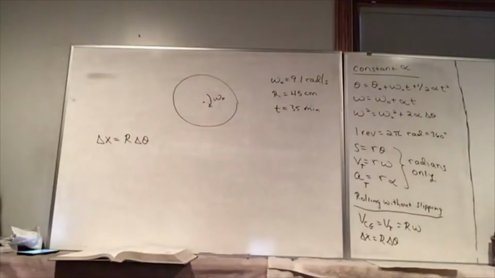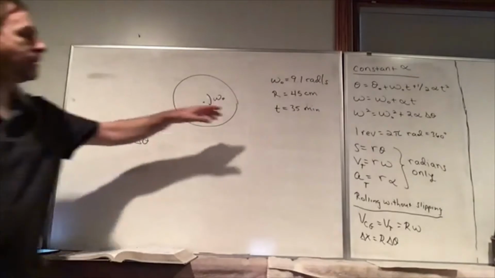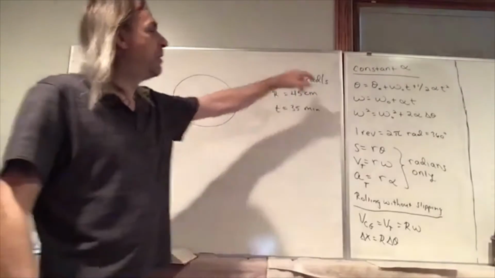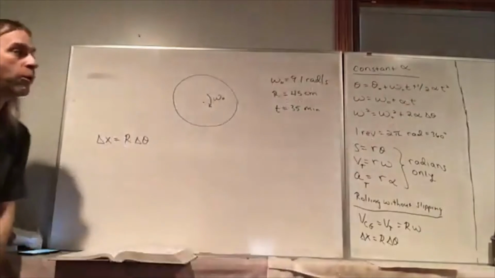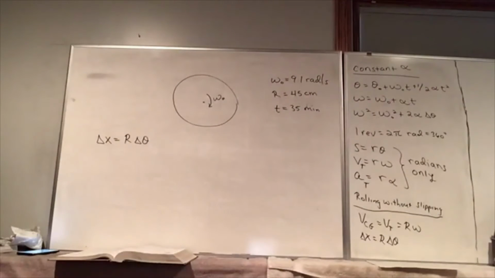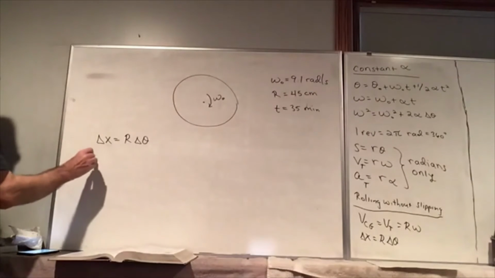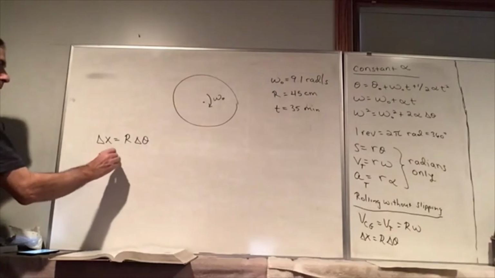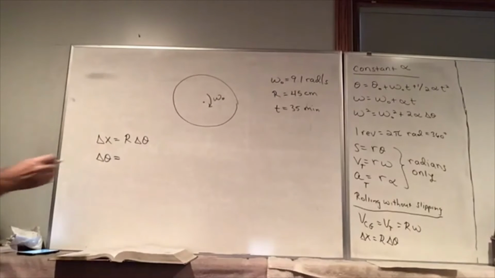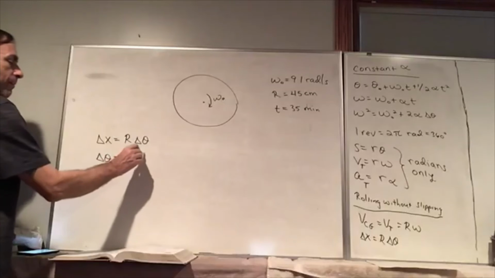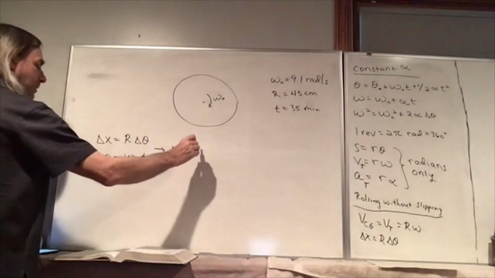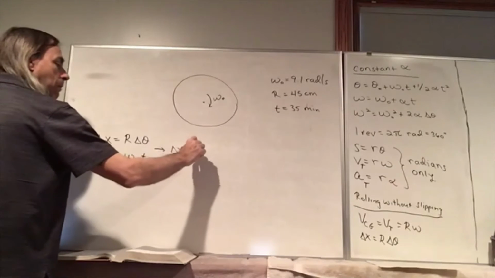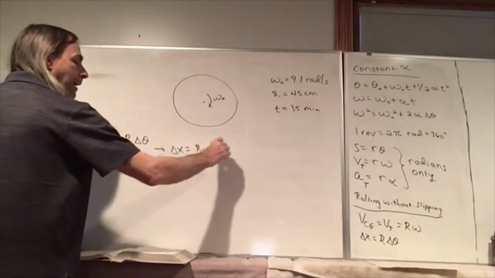We have to find delta theta, the angular displacement. And it's constant. So we can use this equation, just ignoring that last term involving alpha. So theta minus theta naught is the angular displacement. So delta theta is omega naught times t. So if we put these together, delta x is r omega naught t.